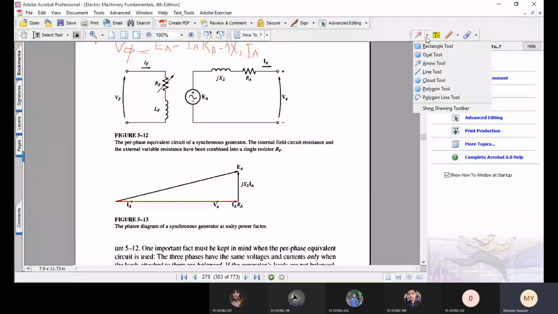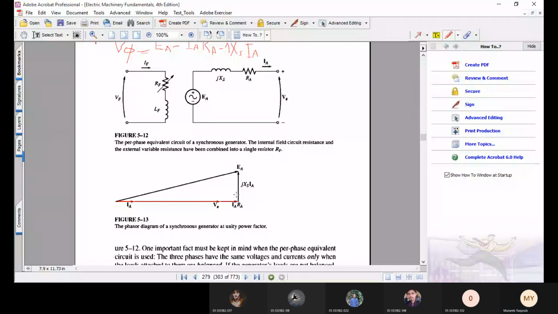Now for J XS IA, we can say that the same current IA is flowing through a resistance, that is the armature resistance RA, and through an inductor, that is the synchronous reactance XS.